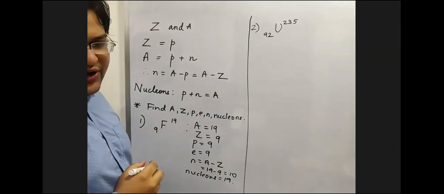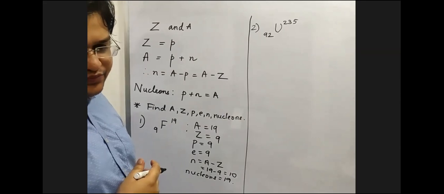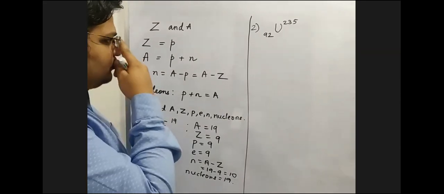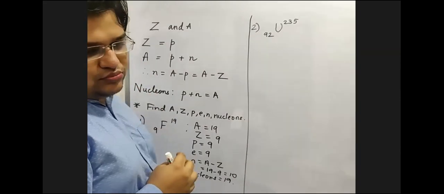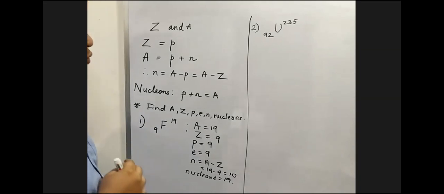Guys, uranium 235, 92. Can you calculate all the things? Uranium 235, 92. What is A?